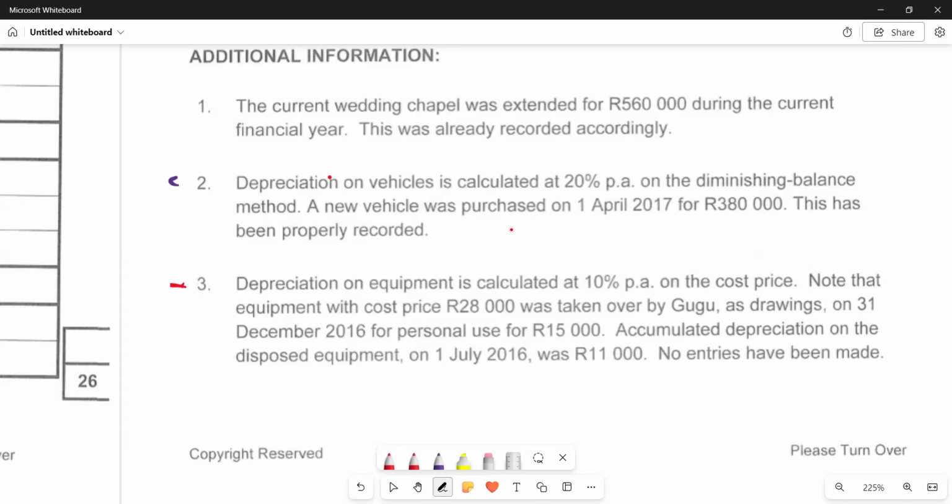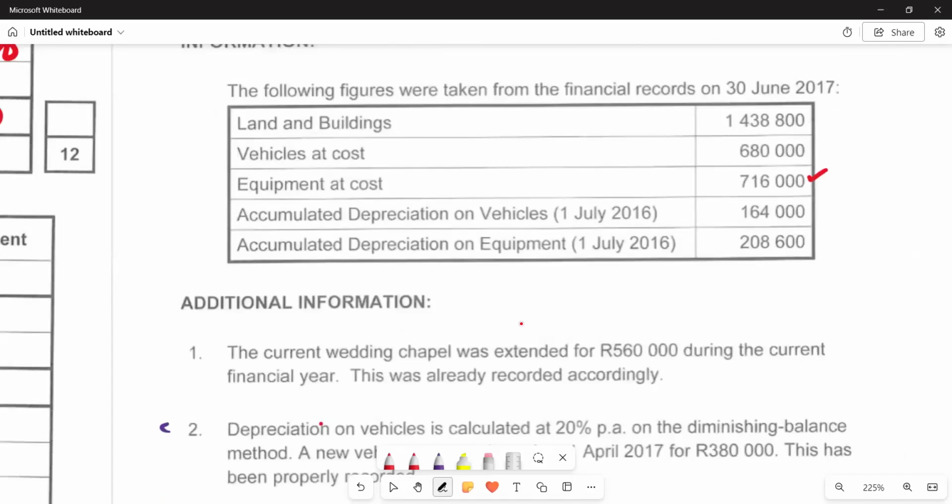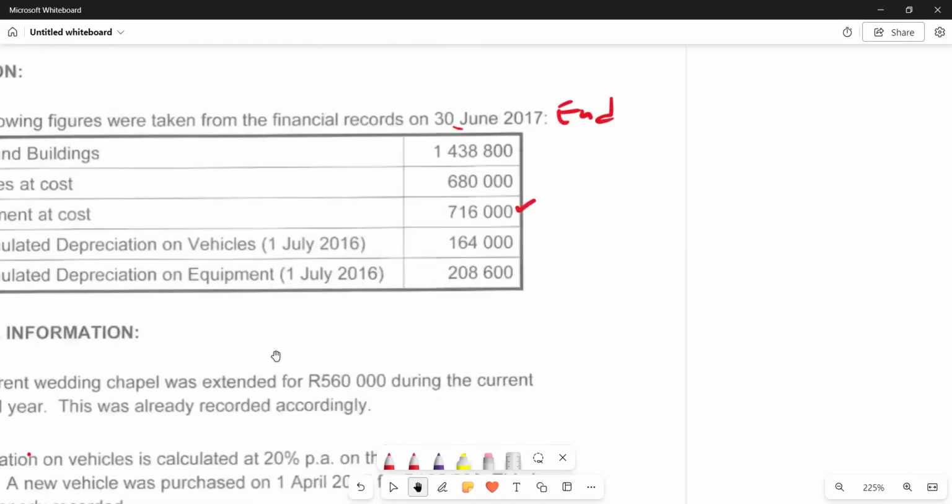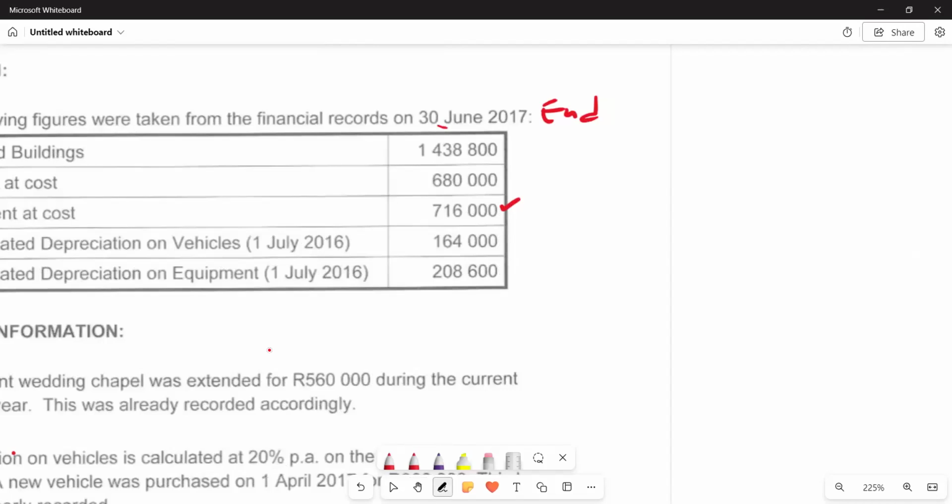So what we are saying is the figure that we are using here for equipment is 716,000, and this figure is representing the equipment cost at 30 June 2017, which is at the end of the year. So obviously that 28,000 has already been adjusted. So we can put it in the form of an equation. Let's say our balance at the beginning is B, and then we subtract what was disposed of with a cost price of 28,000 according to the question.